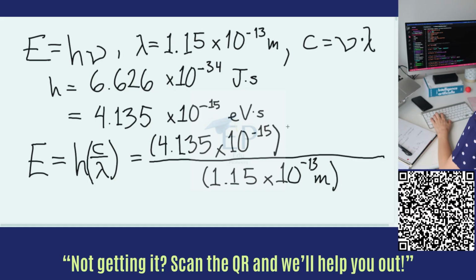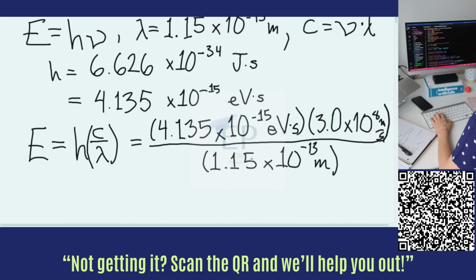And we need our speed of light. We're jumping the gun here, forgot my units. These are electron volt seconds times the speed of light, which we will take as 3.0 times 10 to the 8th meters per second.